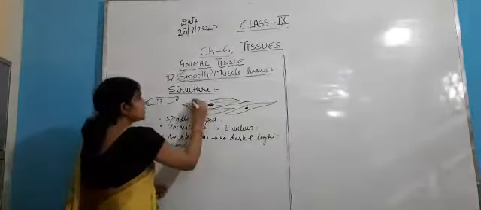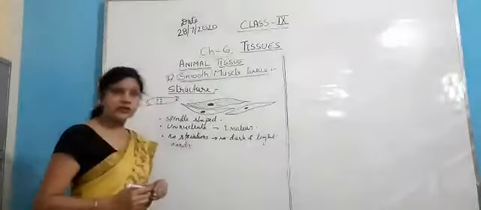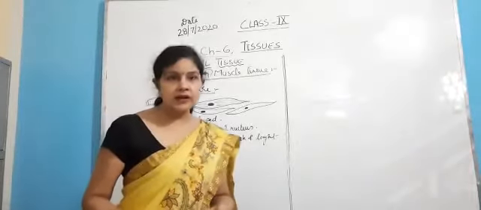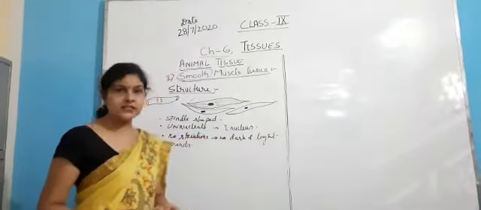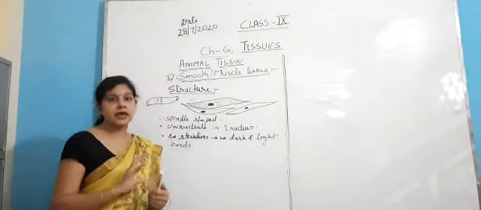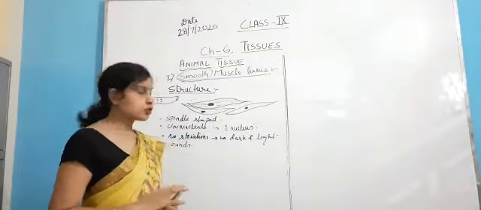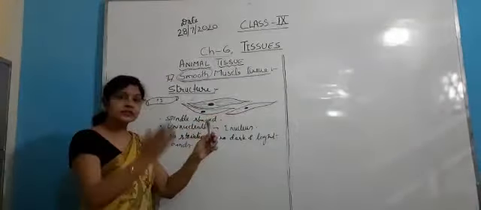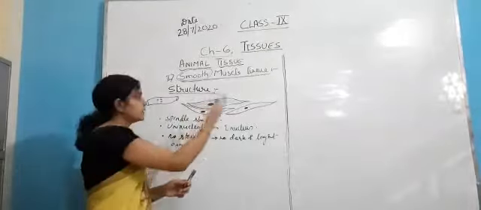But in this, the actin and myosin is present. It is a contractile protein, and it helps in contraction and relaxation of the muscle tissue, so that the muscle can help in movement and locomotion. But it is not present in that way; it is present in another way.